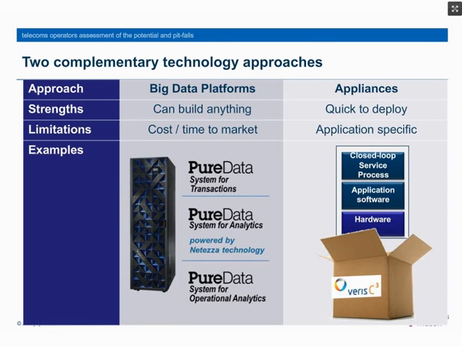So one of the debates which goes on within the environment is that there are two critical technologies. On the left-hand side, there are plenty of big data platforms, which are essentially generic and general purpose. They can be built to use any number of different use cases, and there are plenty of those out there from key players like SAS and IBM, HP, and others, who provide a very open platform that can be utilized for any number of different use cases.